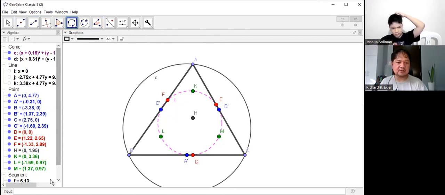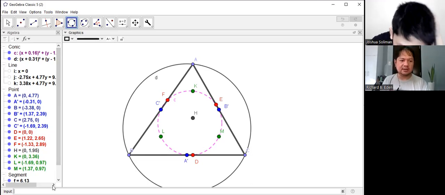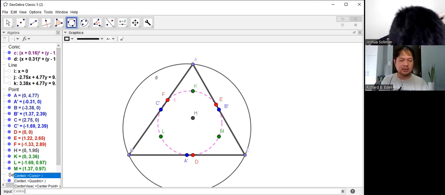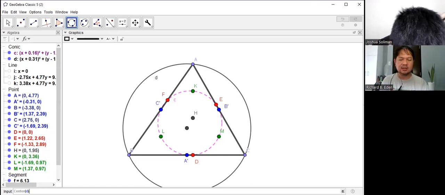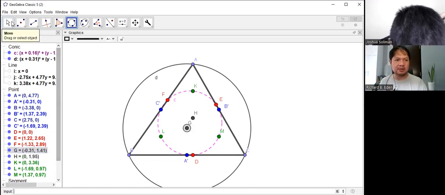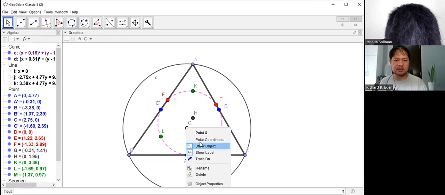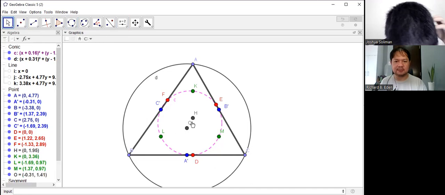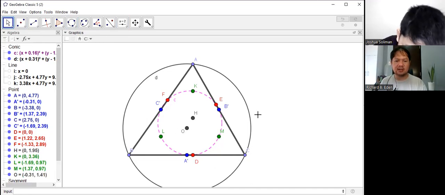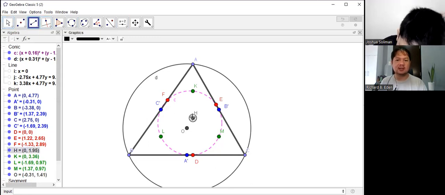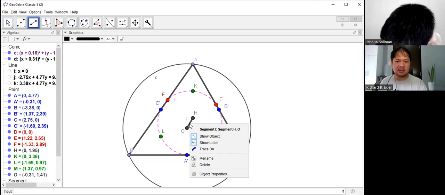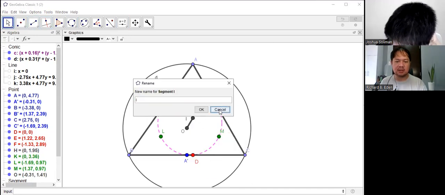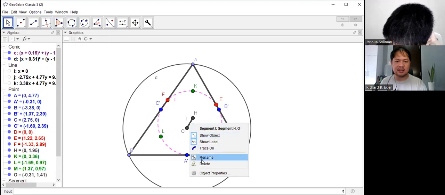So the center of conic section D, labeled as G, we're going to rename to point O. So that's the circumcenter. And so O going to H, that's the Euler line. But we need just this segment, and I don't need the label for that. So let me hide the label.